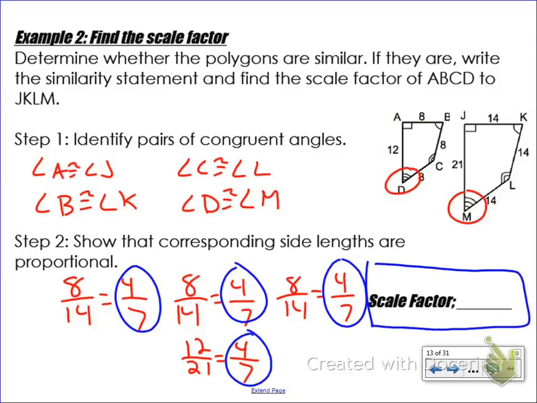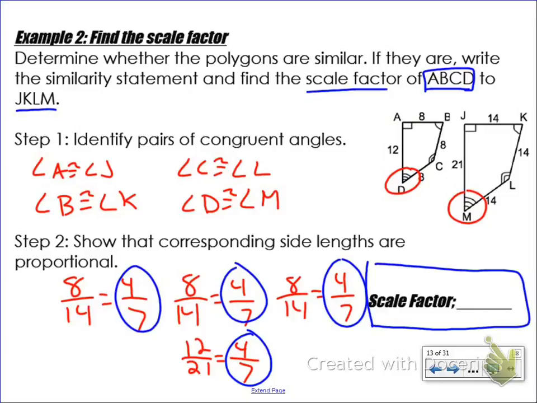Now it's important to look at, so it says find the scale factor of ABCD to JKLM. The way this is written is extremely important because this means that since ABCD is the first one that I list here, that needs to be the first number in my scale factor. And that's the way we did the proportions. Okay, so we're going from ABCD to JKLM, which is small to big.